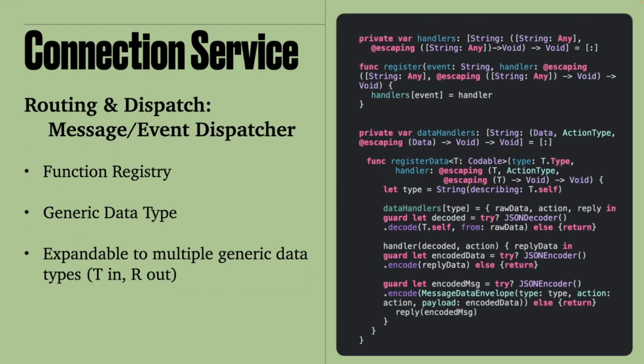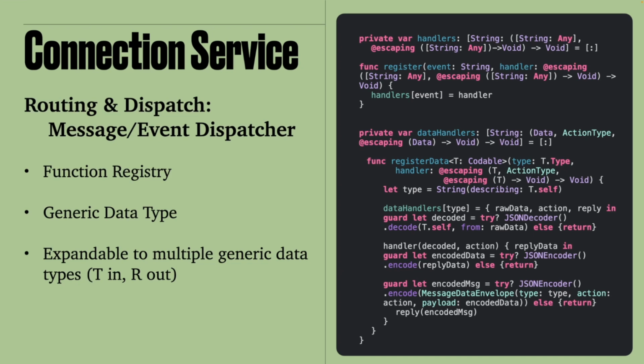And then finally put our payload in, and then encode that all into our final data and return it. So to finish out our connection service here, or at least the routing dispatch portion, talk about our message and event dispatcher. What this is, essentially, is a function registry. It gives us a way to define how we want to handle these, and then call on those handlers by name after we've given them a name, because they're just stored in a key value pair.